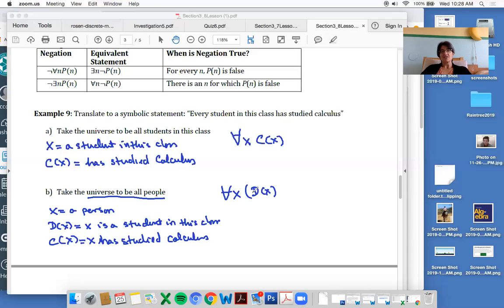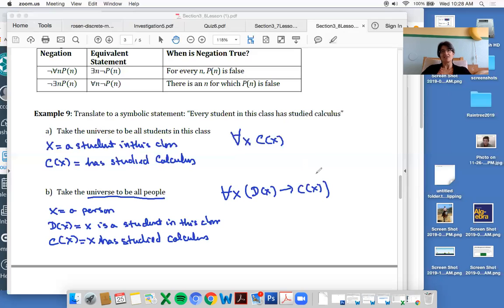So for every person in the world, if the person is in this class, then they have studied calculus. So this becomes a conditional. You wouldn't put and, because that would mean for every person in this world, they are in this class and they have studied calculus.